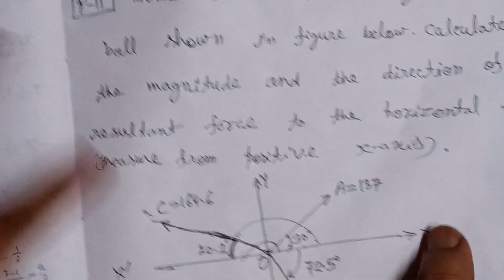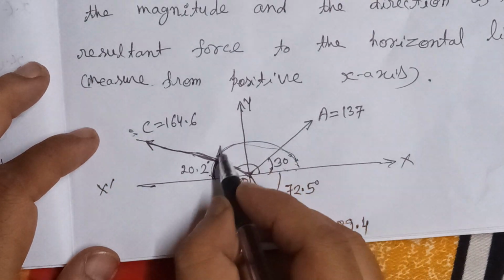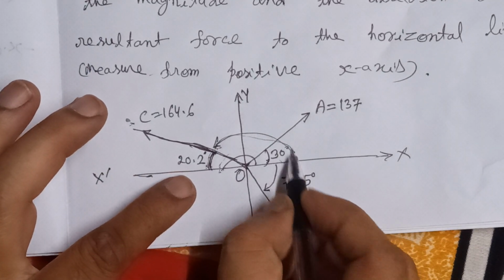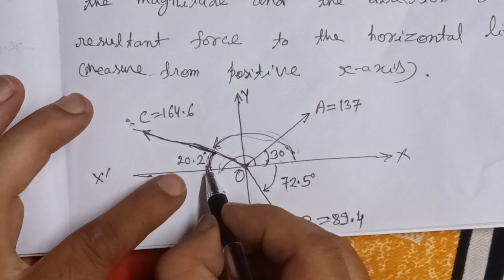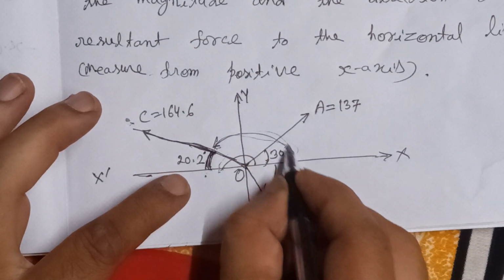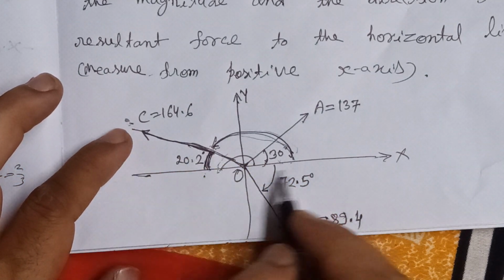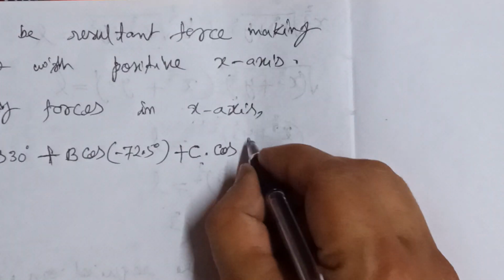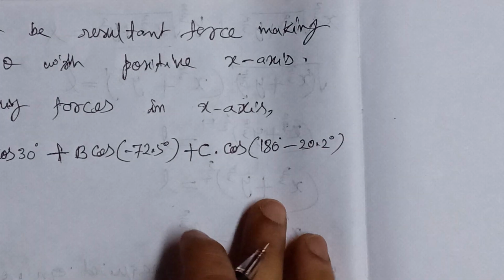So we already indicated this angle as this. What is not given, we know that the angle with this axis is 180. So I subtract this value from 180, and we get the required angle of C with the x-axis. So I write it as cos of 180 degrees minus 20.2 degrees.